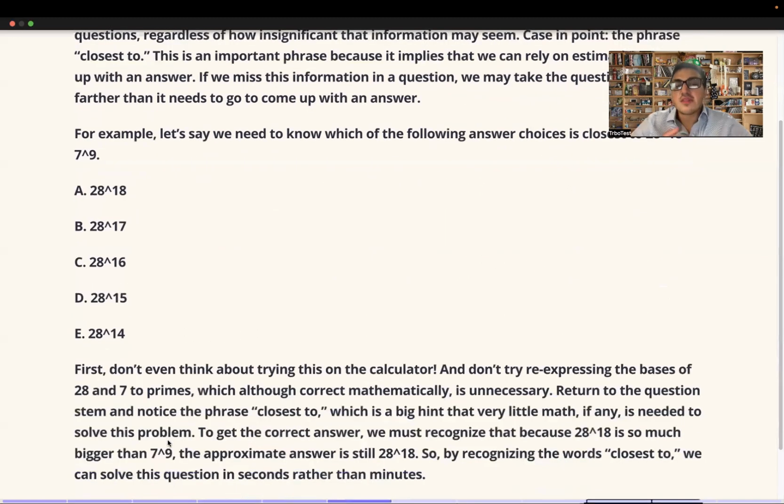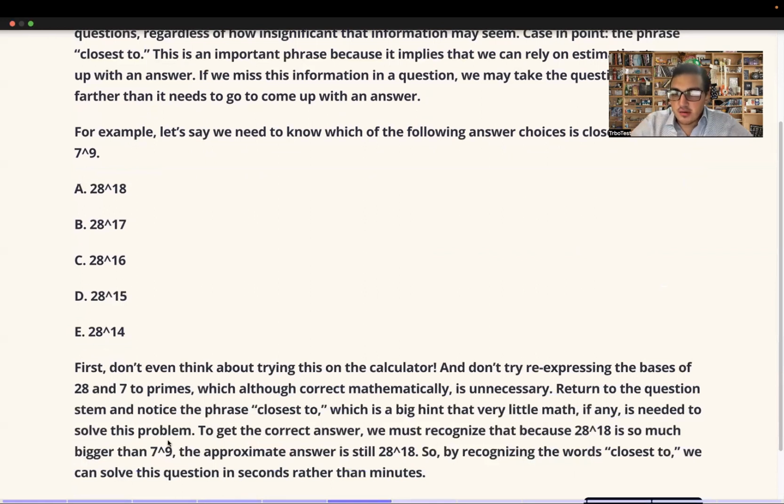First, don't even think about trying to use a calculator on this, and don't try re-expressing the bases of 28 and 7 to primes, which, although correct mathematically, is not necessary. Return to the question stem and notice the phrase closest to, which is a big hint that very little math, if any, is needed to solve this problem.